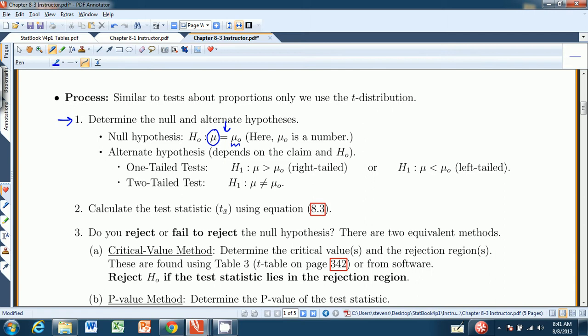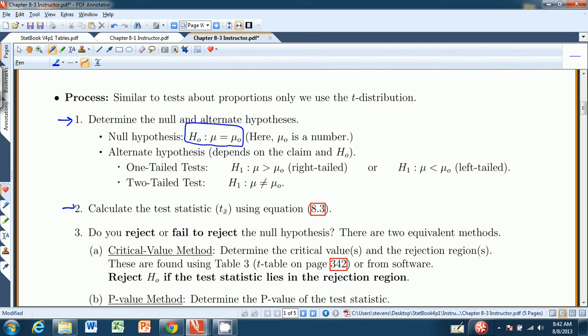So we're making a null hypothesis: the population mean equals some number. And then the alternate hypothesis depends on the claim. You can get a right tail test, where mu is greater than that given value. Left tail test if mu is less than some given value. Or two tail test if I get a not equal to sign in the alternate hypothesis.